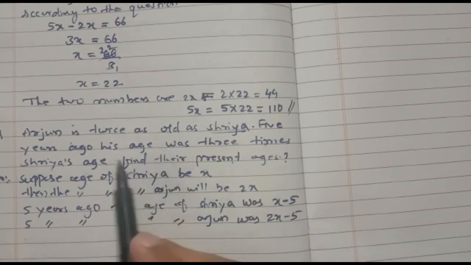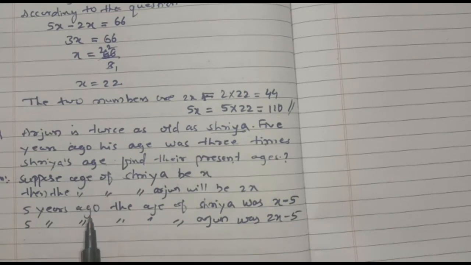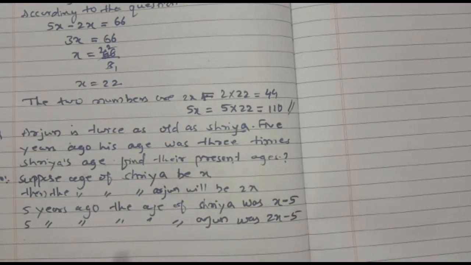What he is saying: his age was 3 times Shreya's age. Now 2x is the age of Arjun.